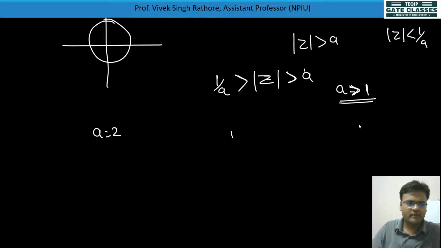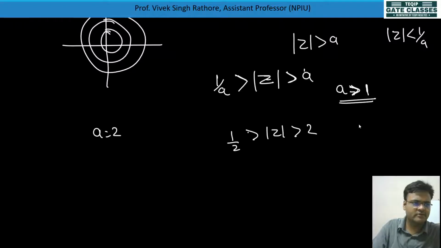So what will happen? 1 by 2 is half, so mod z is less than half. Mod z less than half means a half circle, an inward ROC, and mod z greater than 2 means outward. So there will be no common ROC.